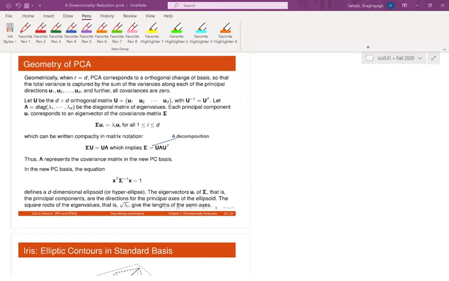So today we are going to talk about singular value decomposition, or SVD.